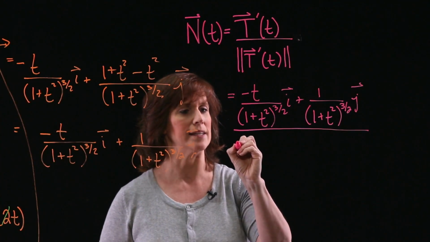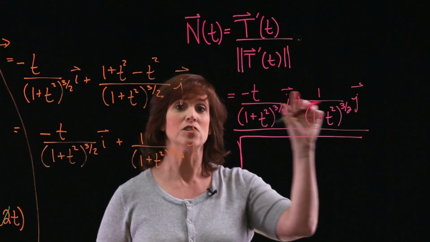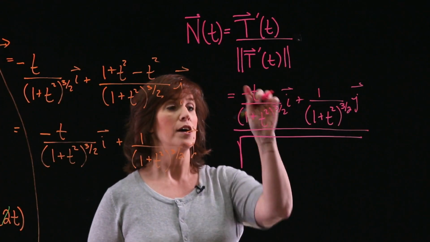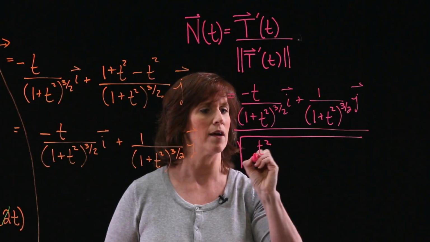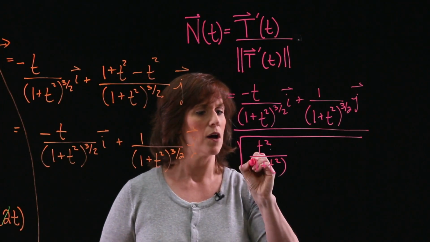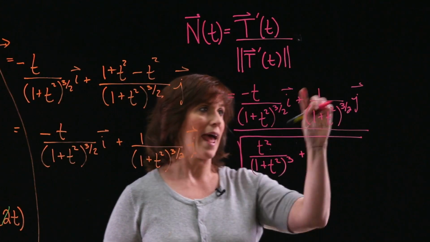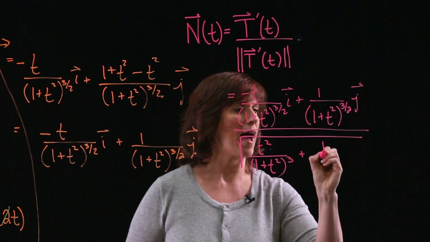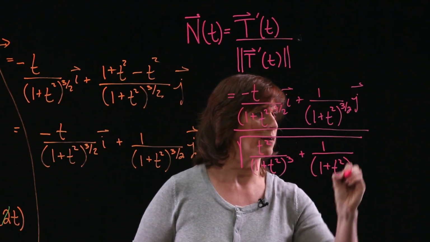Now, remember what that is. We've got to take the square root of the square of each of those components and add them together. So if I square this first component, I'm going to end up with t squared all over 1 plus t squared quantity cubed. And then when I add this component squared, I have 1 all over 1 plus t squared quantity cubed again.